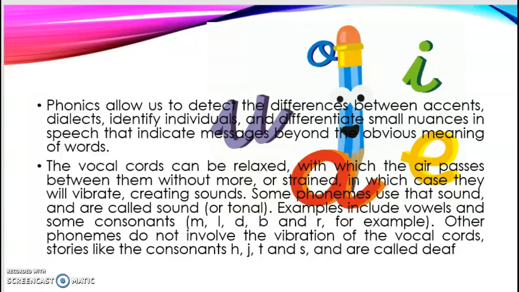Examples include vowels and some consonants: N, L, D, V, and R, for example. Other phonemes do not involve the vibration of the vocal cords, like the sounds H, J, T, and S, and are called voiceless.